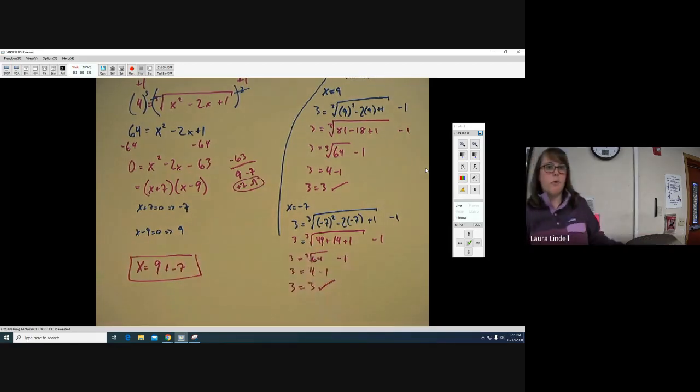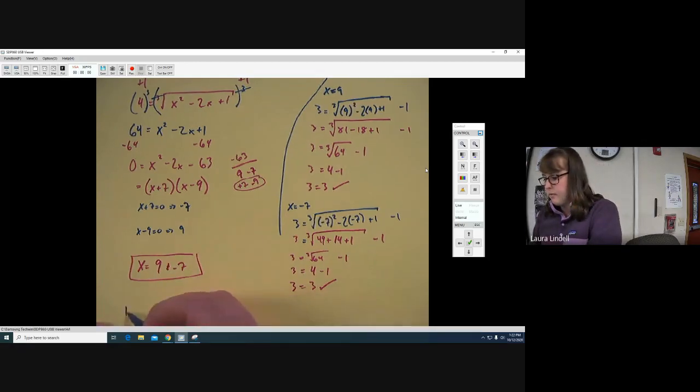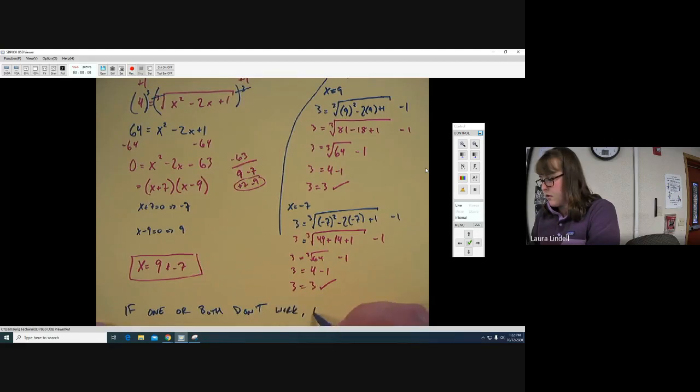But if one of them or both of them didn't work, then they would be called an extraneous solution. So if one or both don't work, they are called... I always forget how to spell that.